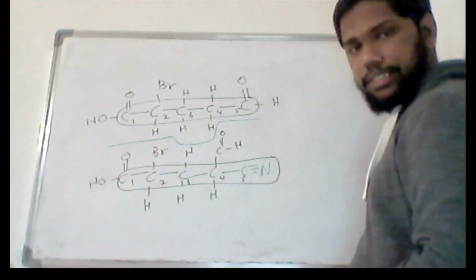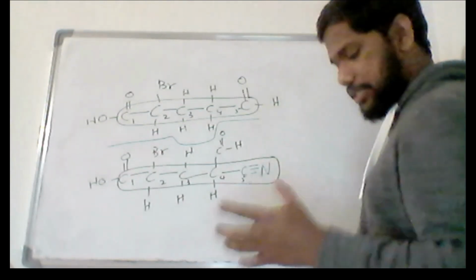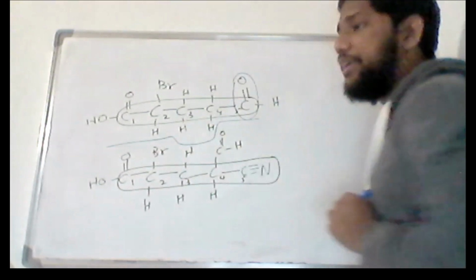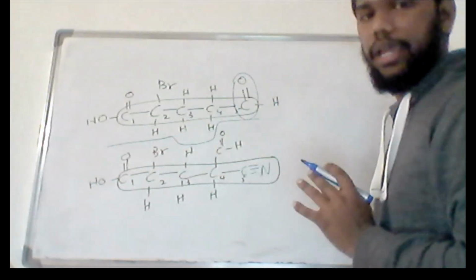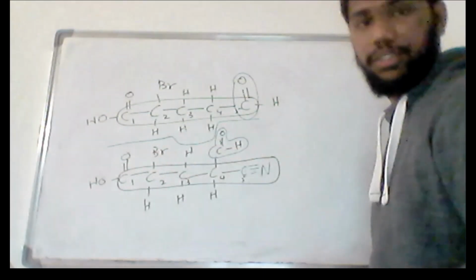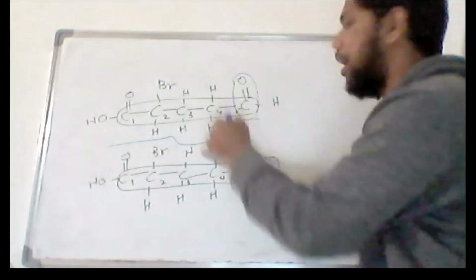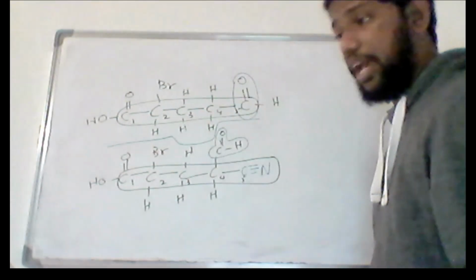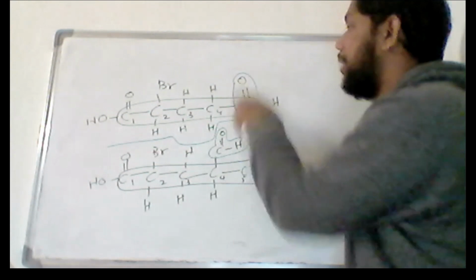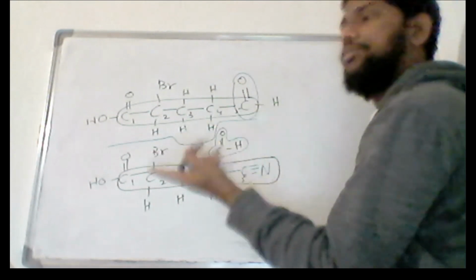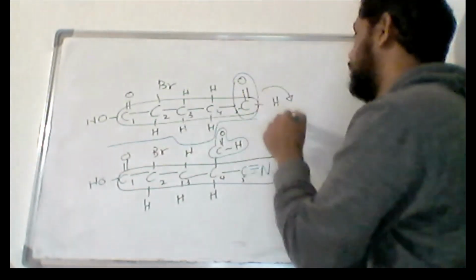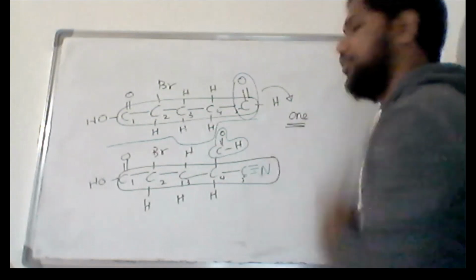No problem in that. The problem here is, see the difference. The carbonyl carbon here appears in the main chain, but here the carbonyl carbon appears as a substituent. These two cases are different. In this case, even though the carbonyl is a substituent-type group, it appears in the main chain, so you have to name this as "one" when naming it.